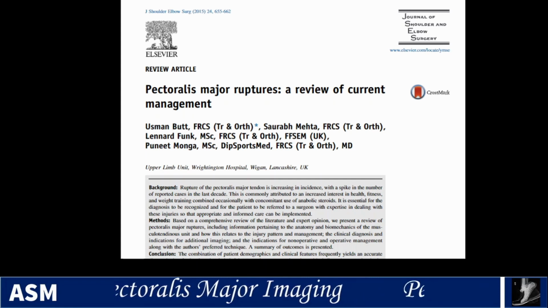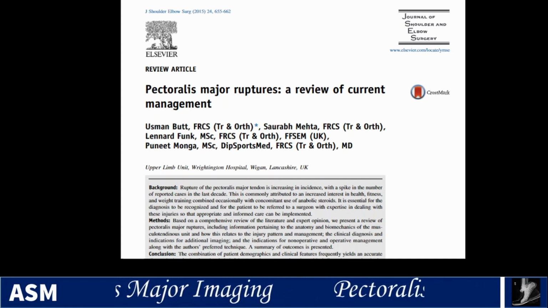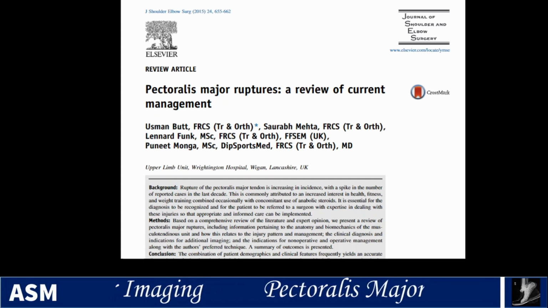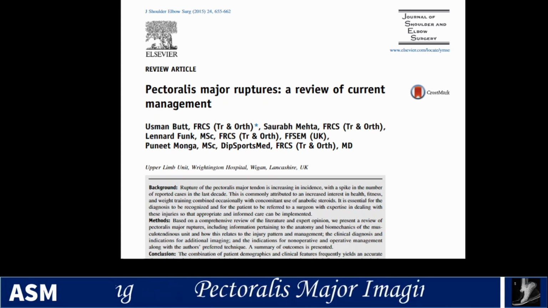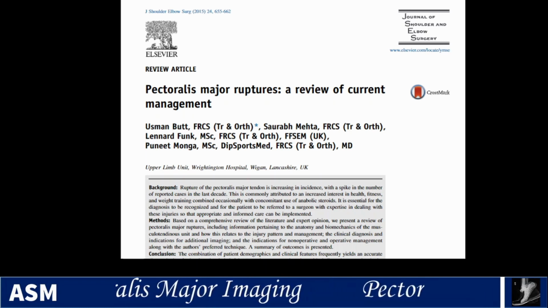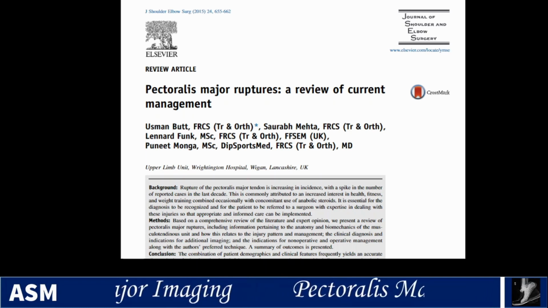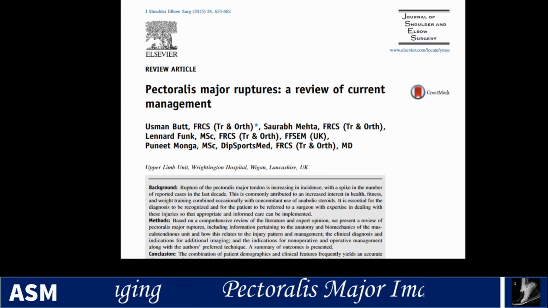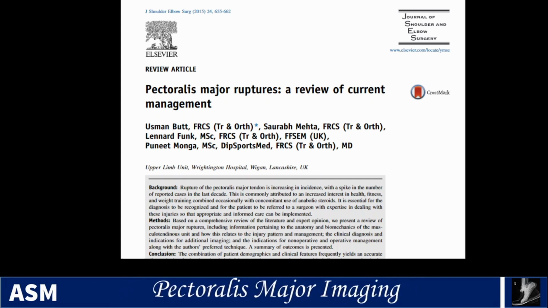But typically you're wanting to look for a higher grade tear, so a full thickness tear greater than 50% cross-sectional area. Those are going to be more likely to push towards the surgical intervention. So that would be the third piece that you're looking at when you're trying to overall assess the situation to determine is this going to surgery or not.